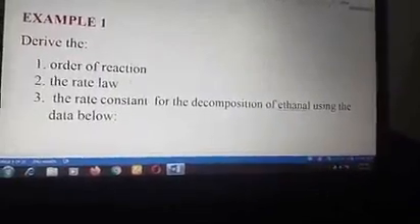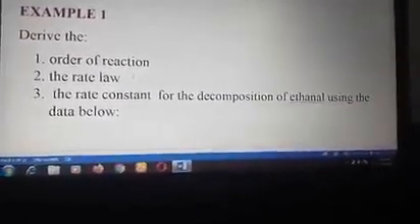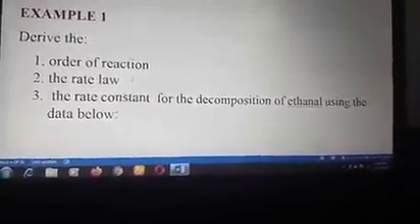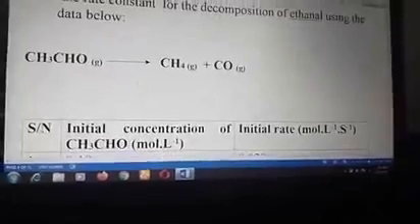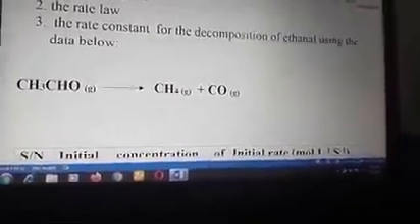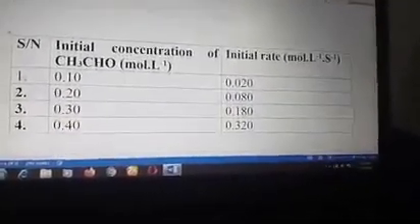So let's look at an example. Example 1: derive the order of reaction, the rate law, and the rate constant for the decomposition of ethanol using the data below. So you have ethanol decomposing into methane and carbon monoxide. We're given experimental data, serial number 1, 2, 3, 4.